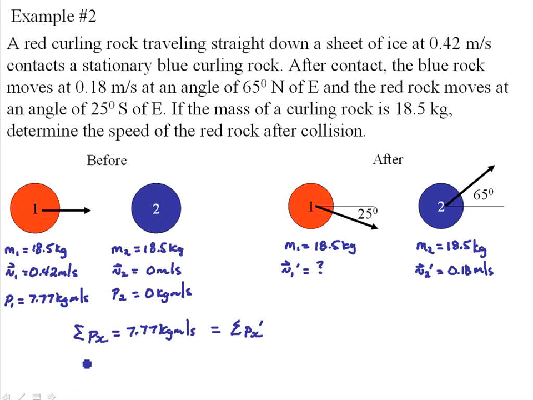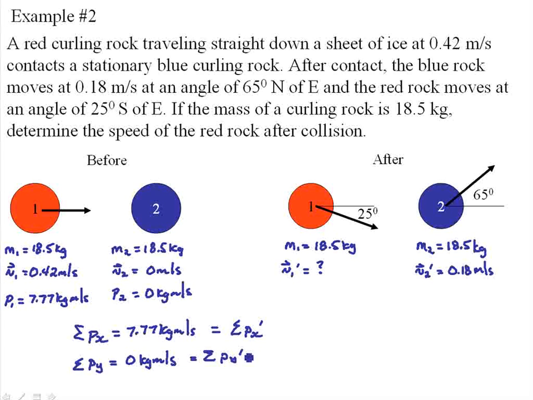The total momentum in the y direction before is 0 kilogram meters per second. So that must mean that the total momentum in the y direction after has to always equal 0.